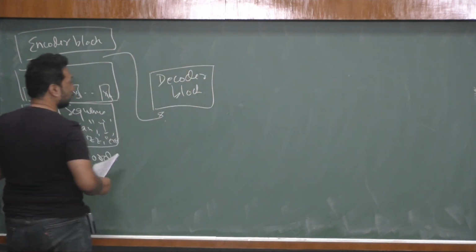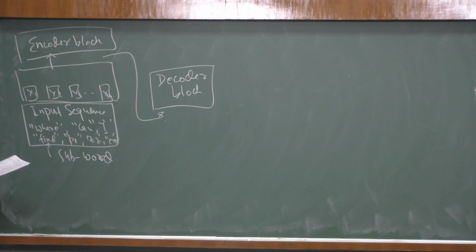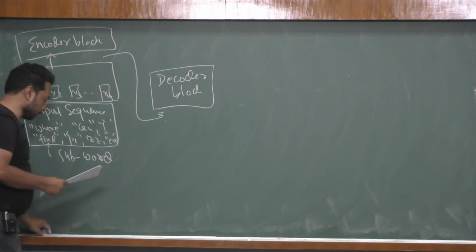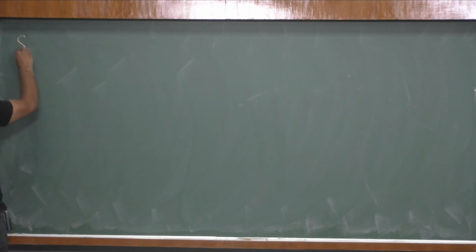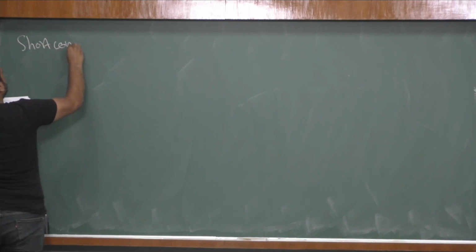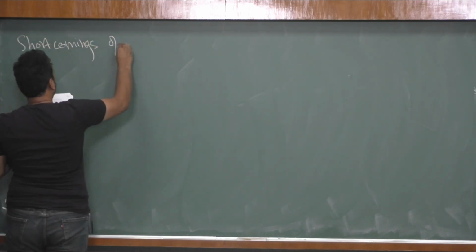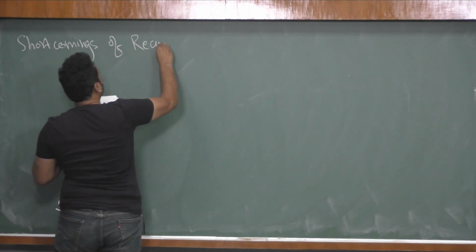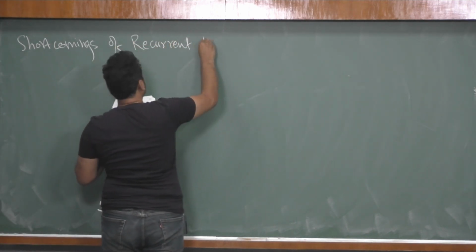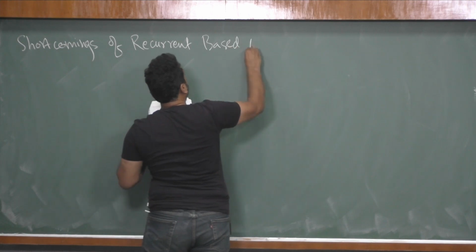Now, why are we interested in the transformer architecture? To motivate that, we can look into RNNs very quickly: the shortcomings of recurrent based attention.